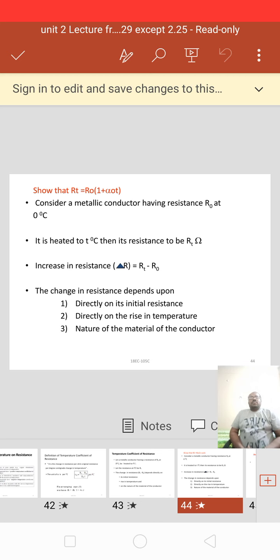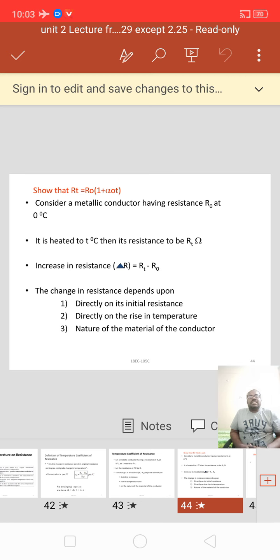Next, we are deducing the relation RT equals R naught into 1 plus alpha naught into T. Consider a metallic conductor having resistance R naught at 0 degree Celsius. It is heated to T degree Celsius, then its resistance is RT ohms.